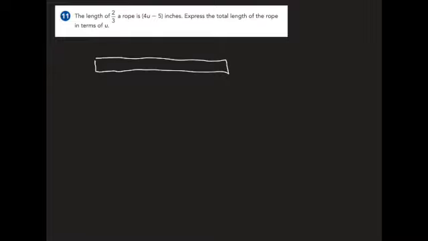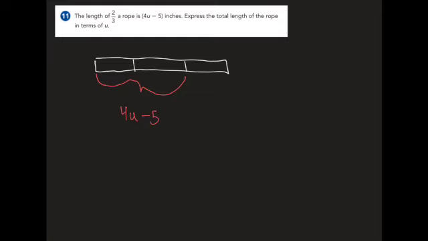And this rope is split into 3 pieces, right? It says 2/3 of a rope, so we're going to split it up into 3 pieces. And I know that of those 3 pieces, 2/3 of them are 4u minus 5.